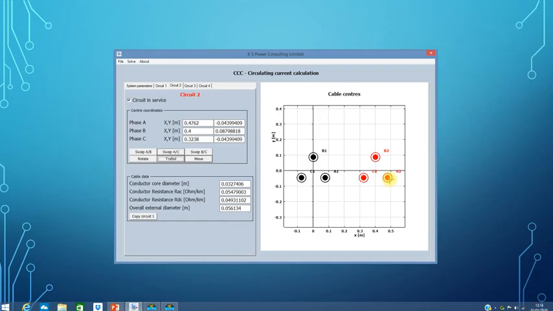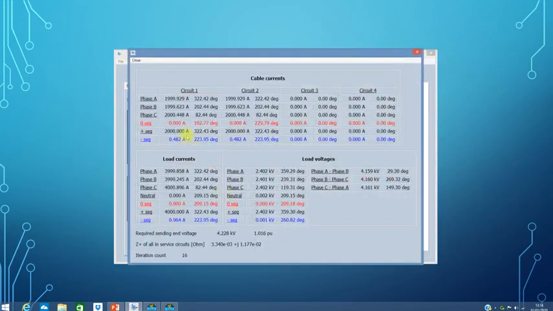But if we swap the positions of A2 and C2, then the system will be symmetrical about the centre line. So if I swap A and C, so I have A1, B1, C1, A2, B2, C2, it is now symmetrical. If I run the analysis, the zero sequence currents are eliminated.